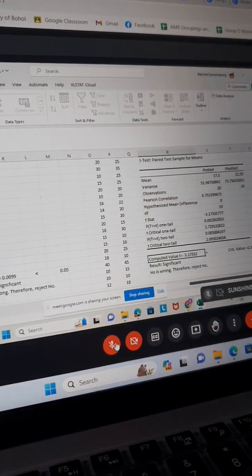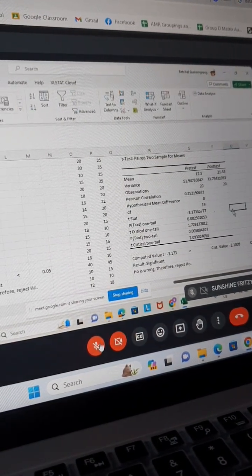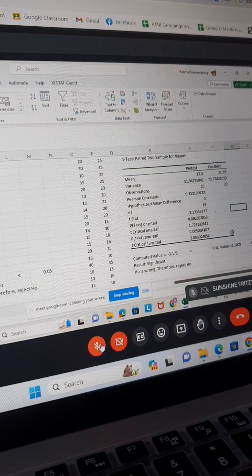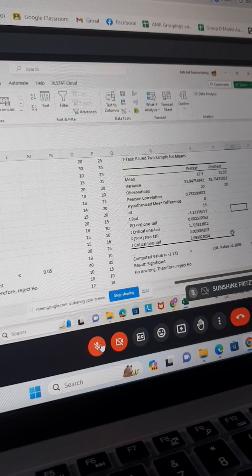Remember, negative. But our critical value, what is the given level of significance? 0.05. Here it is, two-tail, and one-tail.